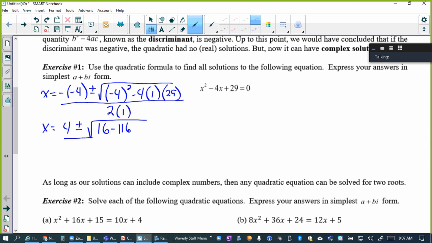Yes. All over 2. And then our 16 minus 116, 4 plus or minus the square root of, what would that be? That's an easy one. Come on. I'll just write it. -100, right? All over 2. What is the square root of -100?